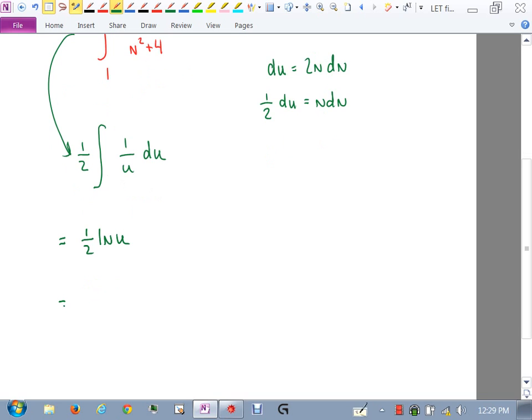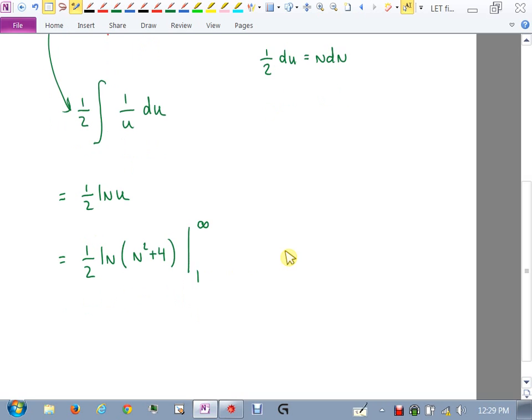So now let's switch back. It's 1/2. What's u? N squared plus 4. And now I can say evaluating from 1 to infinity. What do we get? We get, yeah, infinity in there is infinity, right? And then minus, what do we get when we plug in 1? Some number, right?